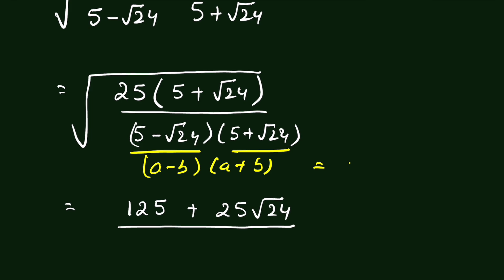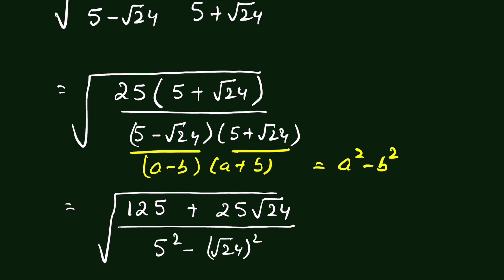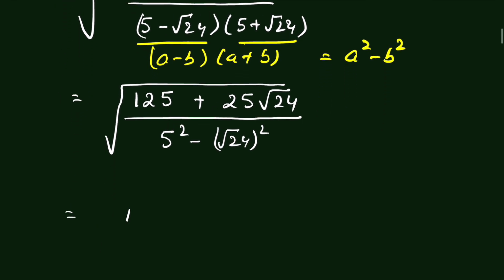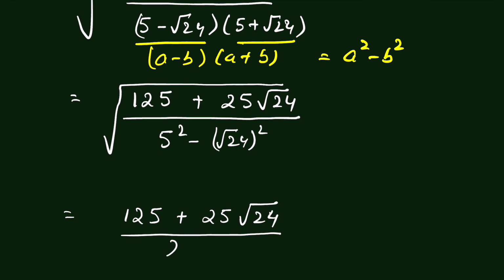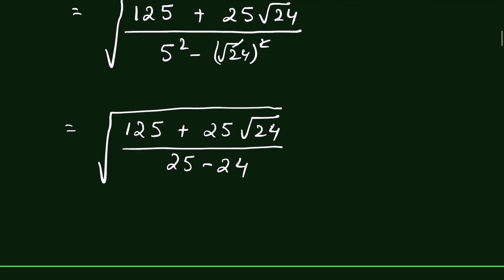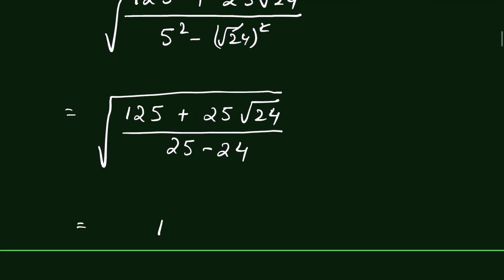So we can write it as a square minus b square. So we can write it as 5 square minus square root of 24 square under square root, or 125 plus 25 times square root of 24 upon 5 square is 25 minus, we remove the square root with the square, so it is 24 under square root. Now 25 minus 24 is 1, so we write here 125 plus 25 times square root of 24 under square root.